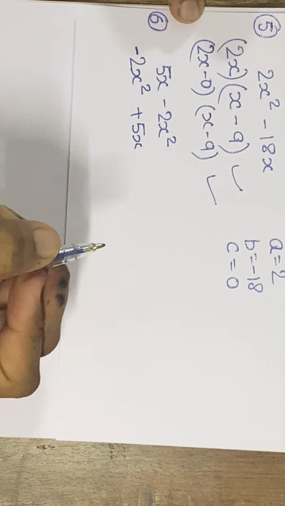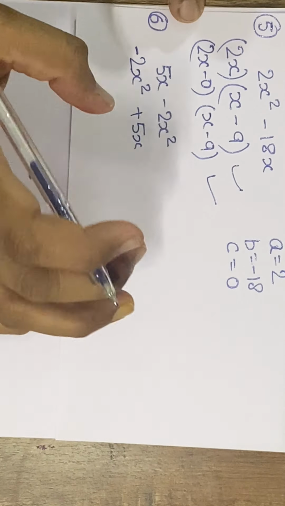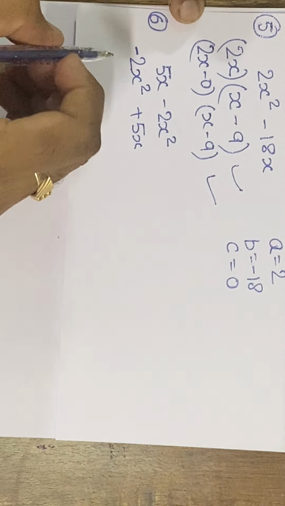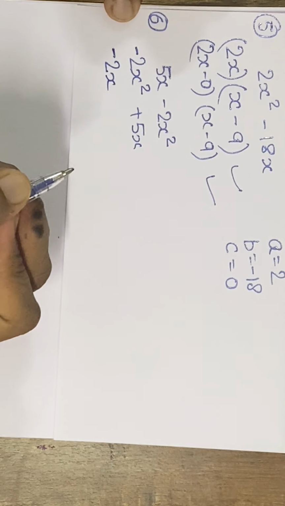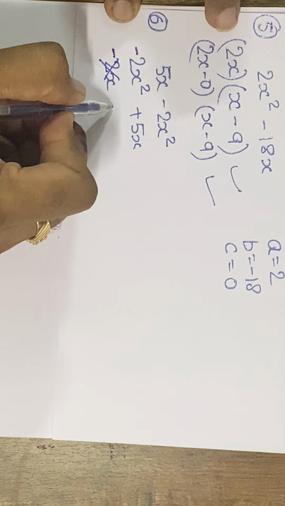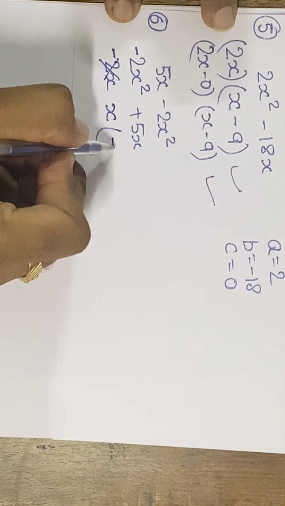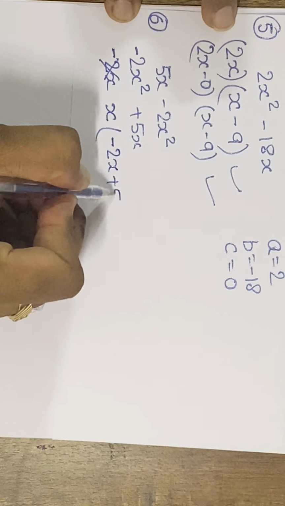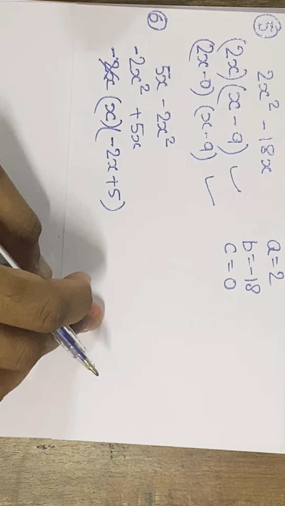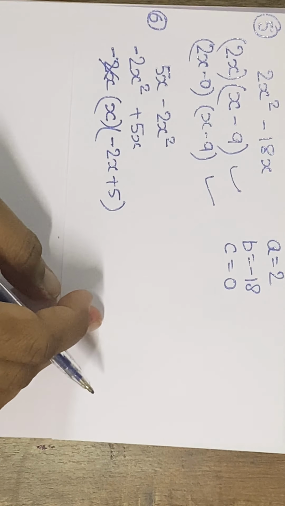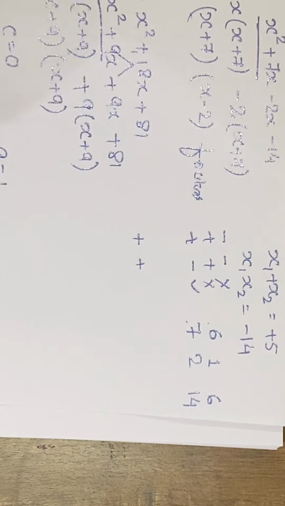Always try to make it this way so that it looks clearly like a quadratic equation. Take minus 2x common. Instead of that, take just x common. So inside, minus 2x plus 5. This is the whole factorization. That's all. So we have seen factorization where c is 0. Okay. Hope this makes sense.